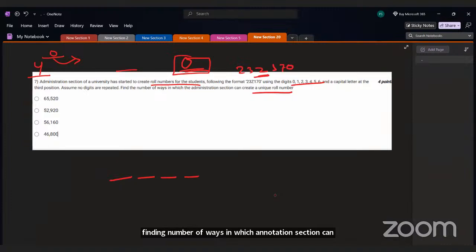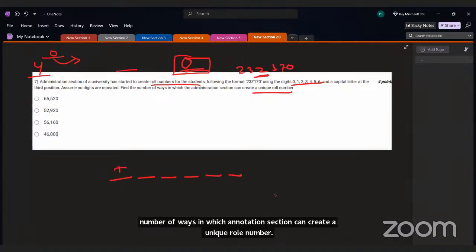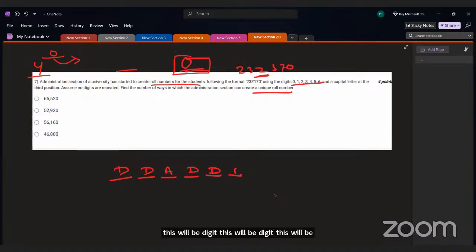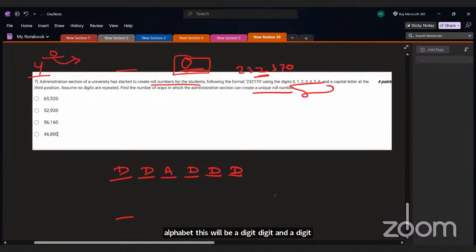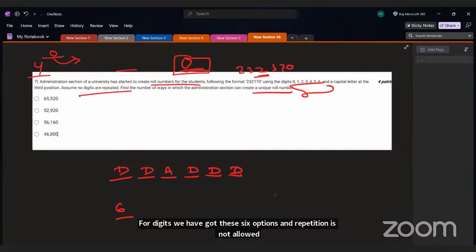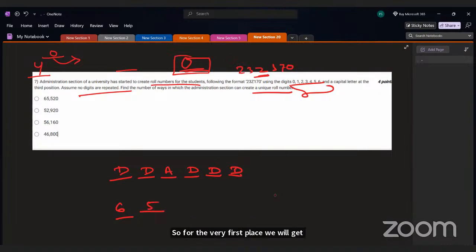So this will be digit, digit, alphabet, digit, digit, digit. For digits, we have these 7 options and repetition is not allowed. So for the very first place we get 7 options, for the second place 6 options, and so on. In total we have 1, 2, 3, 4, 5, 6, 7 options.